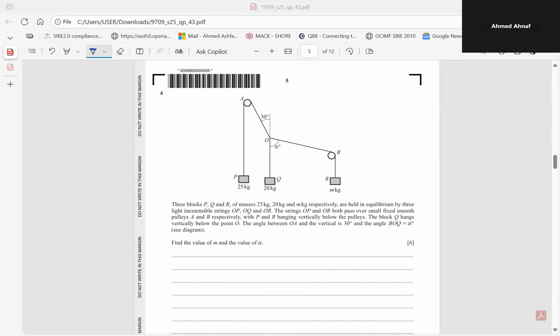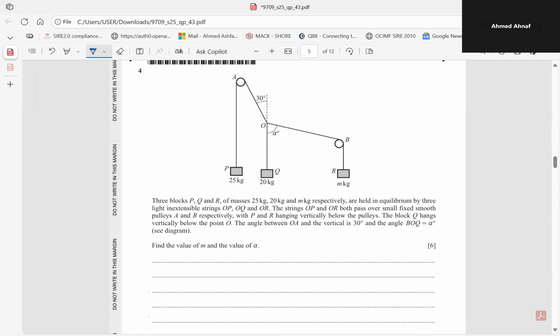For this question, we're told that 3 blocks P, Q, and R of masses 25 kg, 20 kg, and m kg, respectively, are held in equilibrium by 3 light inextensible strings OP, OQ, and OR. The strings OP and OR both pass over small fixed smooth pulleys A and B respectively, with P and R hanging vertically below the pulleys.